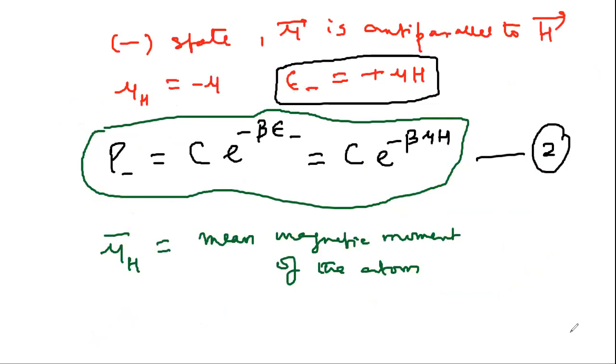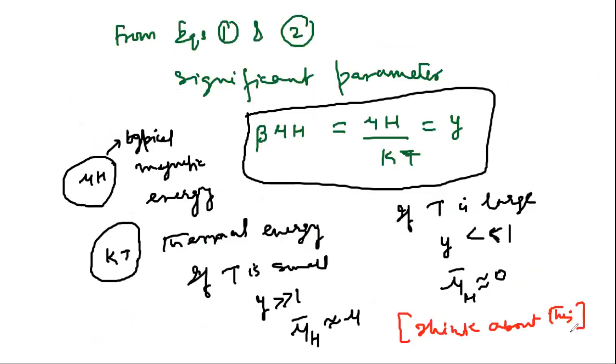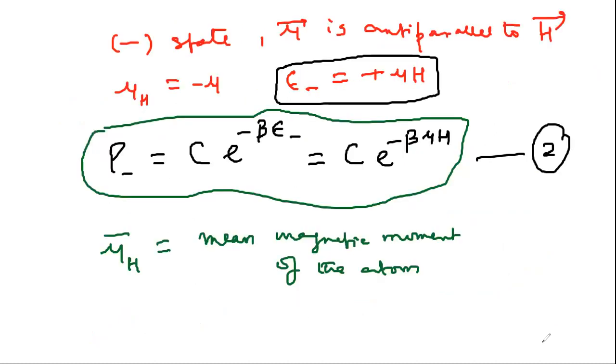Then using canonical distribution, we first established how we can use it. We said that our atom in question can be taken as a system, and all other atoms of the substance at temperature T and other degrees of freedom can be treated as a heat reservoir. So we justified the usage of canonical distribution.